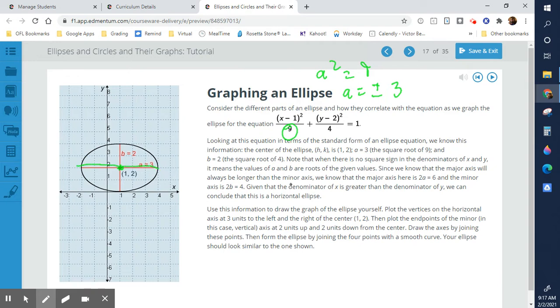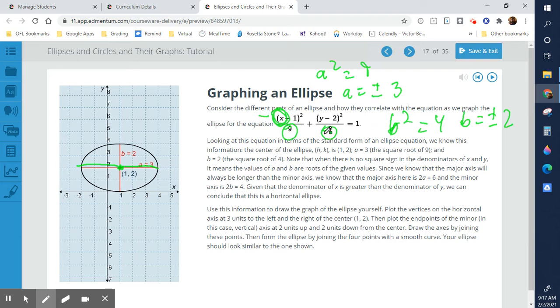And the only reason why I'm going to the right and to the left is because we're talking about my x coordinate here. This one, b squared equals, and the only reason why I'm using a and b is because this number was bigger, so I called it a. This number was smaller, so I called it b. So therefore, b is equal to plus or minus 2.